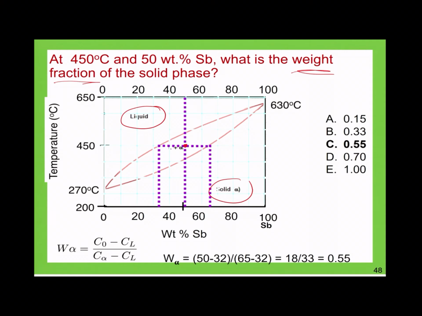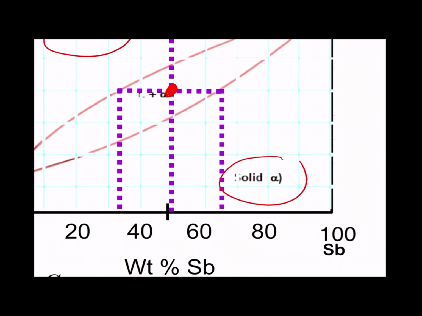We're here at this red dot. You're at 50 weight %, which you read off of the x-axis. You need a second piece of information to know where you are on the plot: the temperature. The question tells you that you're at 450 degrees Celsius. So here you draw your tie line.